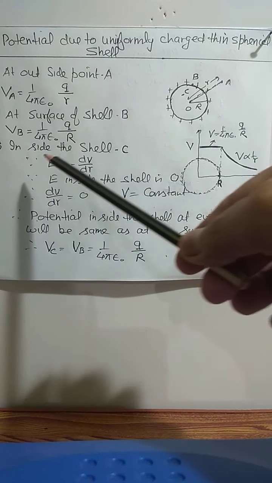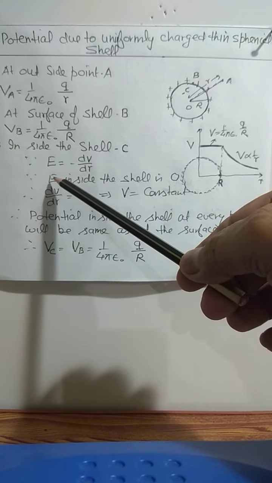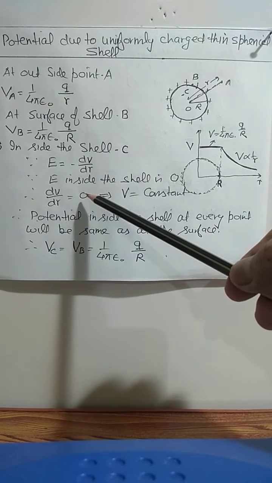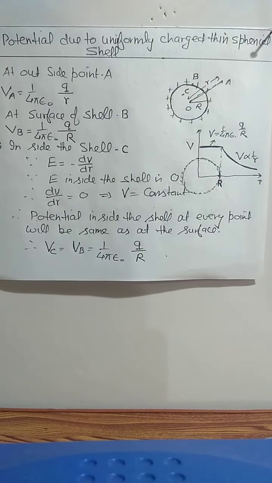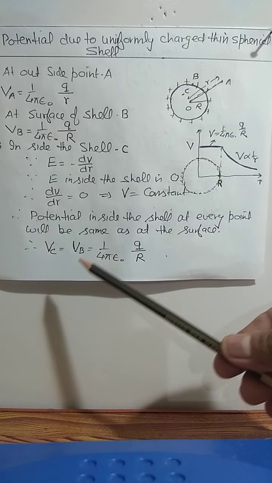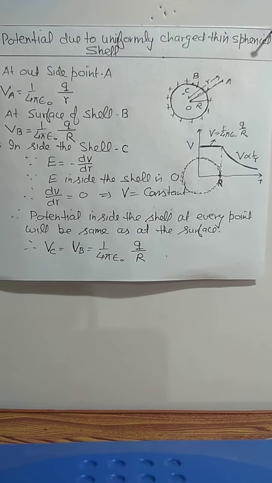If E is equal to minus dV by dr, and E inside the shell is 0, therefore dV by dr is equal to 0, that is V is equal to constant, and hence inside the spherical shell at every point potential will be the same as at the surface, that is Vc is equal to Vb is equal to 1 upon 4 pi epsilon naught Q upon R.